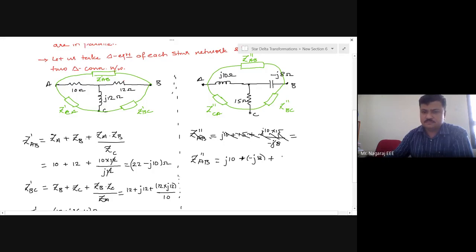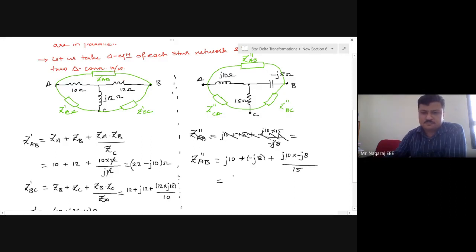Plus J10 into minus J8 divided by 15. Thank you for that. So J into J is minus 1 into minus 1, it is plus 1. J is root of minus 1, we know. So it is minus J square. J square is minus 1, minus J square is plus 1.